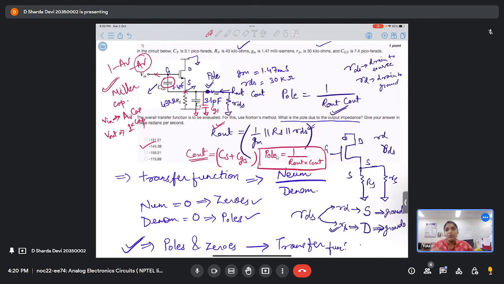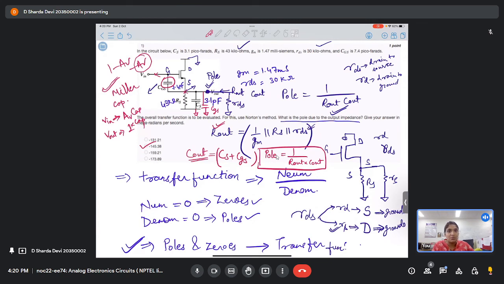So people came up with this easy method where you can simply look at a particular node, and we have simplified every node's impedances also. Like if you are seeing from a drain, what will be the impedance? That is 1 by GDS. When you are seeing from a source, what is the impedance?